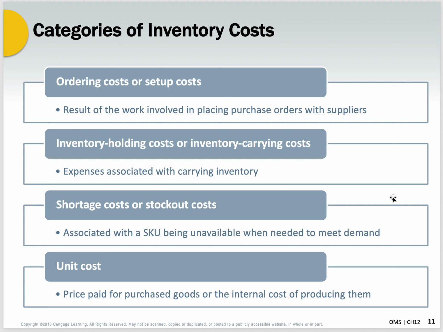And if you look at the average inventory at any given time, what is the average inventory in that warehouse for a year? Those items pay their proportion of that rent. So inventory holding costs.